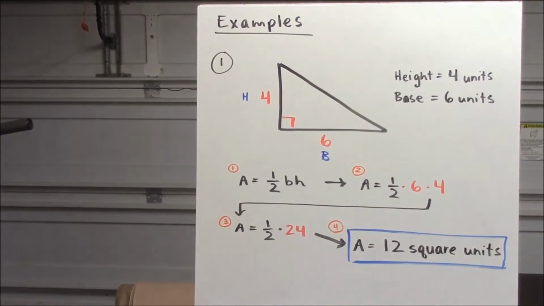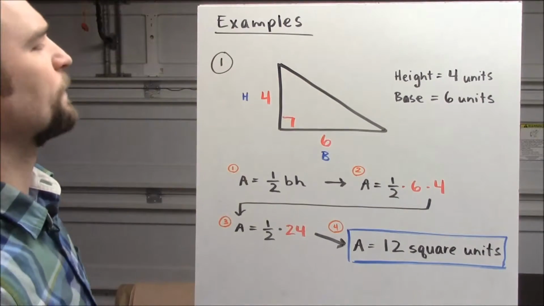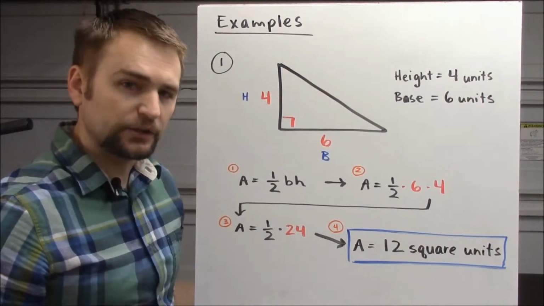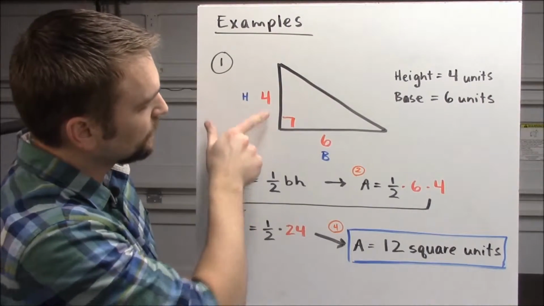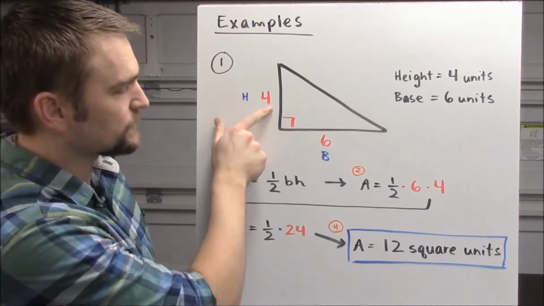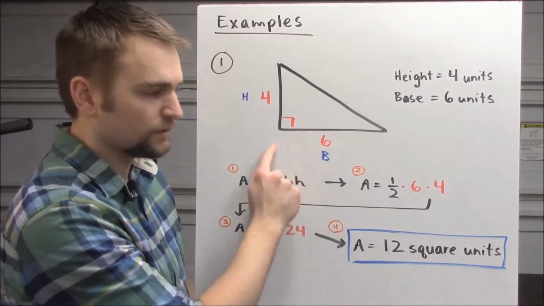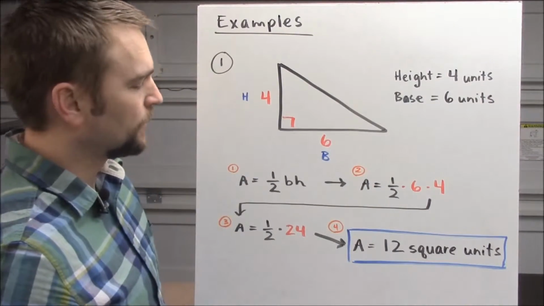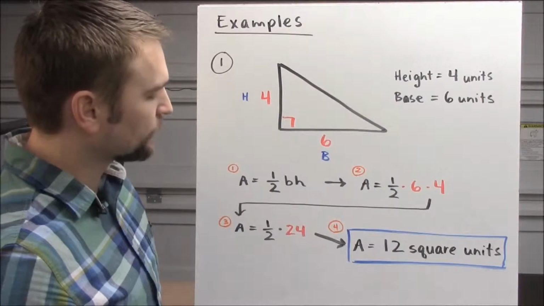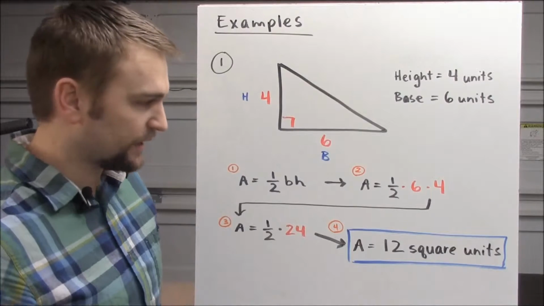All right, so let's look at this example here. Here we have an indication of 90 degrees, so we can refer to this side as our height. We have a height of 4 units, and a base of 6 units. Based on that information, I know the area of a triangle is 1/2 times base times height.